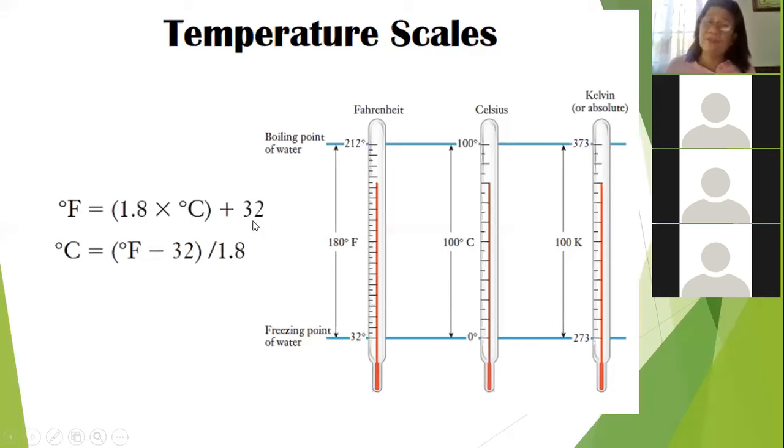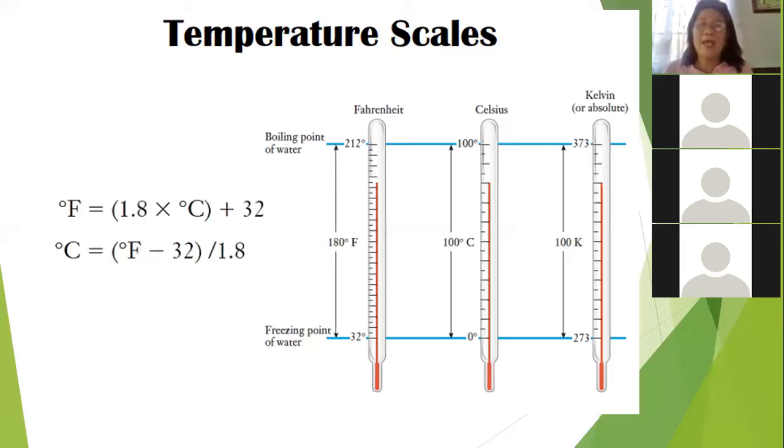For instance, water starts to freeze at 0 degrees centigrade. What will be the equivalent of this into Fahrenheit? So its centigrade is 0 multiplied by 1.8. Any number multiplied by 0 is 0, isn't it?